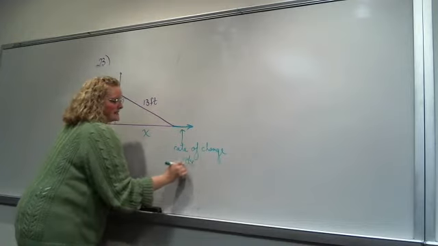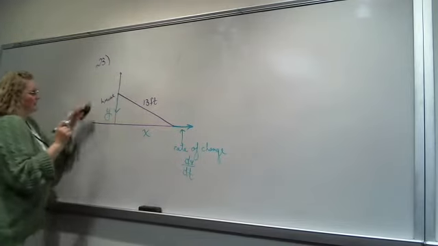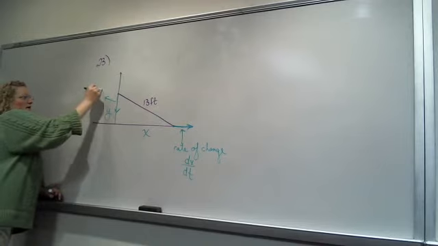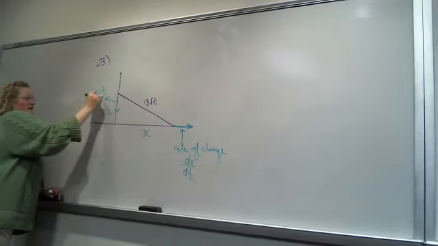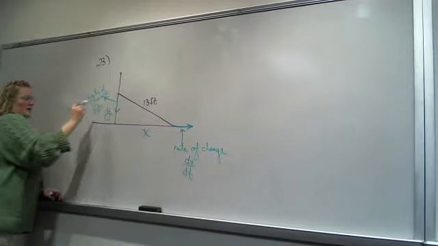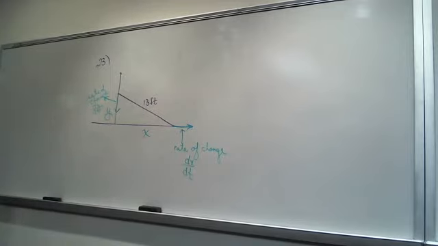This is dx/dt. And what does that make this rate of change? That makes this one dy/dt. So we have two different rates of change: a dy/dt and a dx/dt.